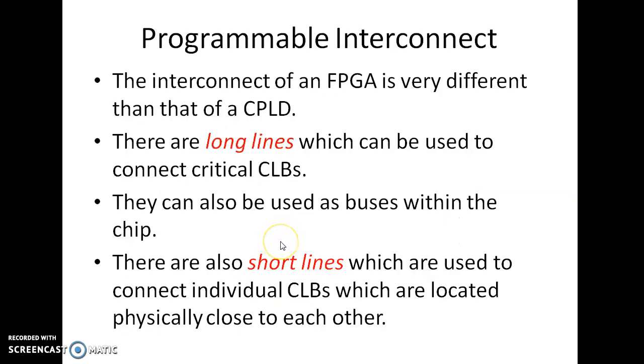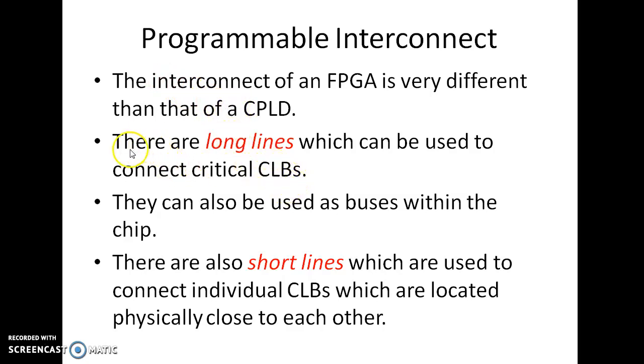The programmable interconnect should be in such a way that it should transfer the information from one function block or one configuration logic block to any other configuration logic blocks.